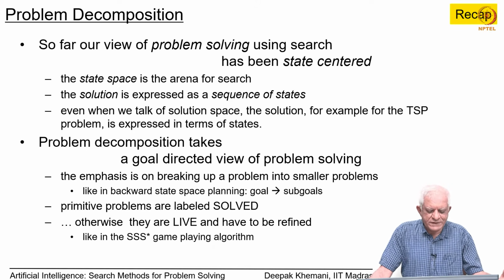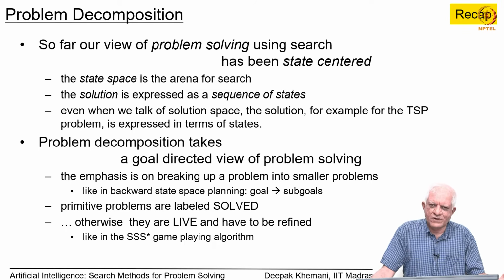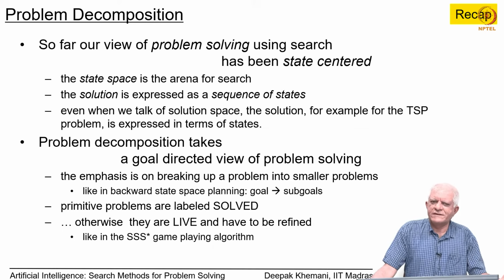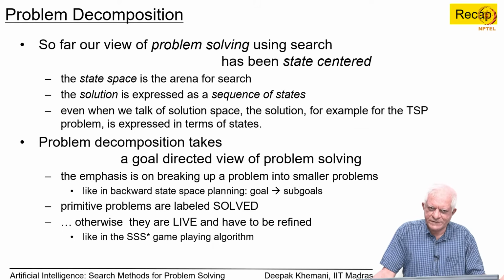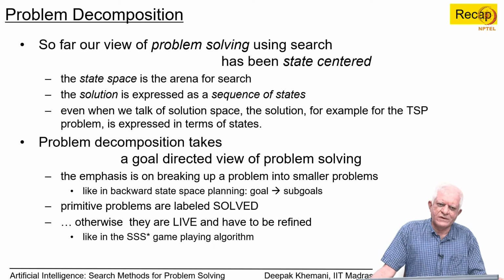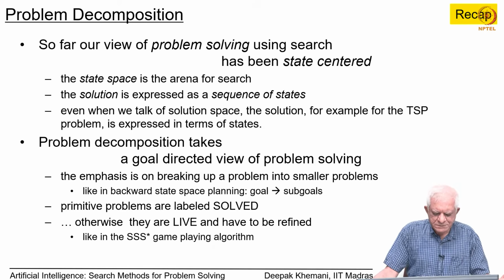In our case, we had two kinds of goals, either primitive goals or primitive problems if you want to call them, which could be labeled solved and they did not need any further breaking up. So, you might remember, for example, the symbolic integration things where something like integral x dx was a primitive problem and you did not need to try to solve it any further.